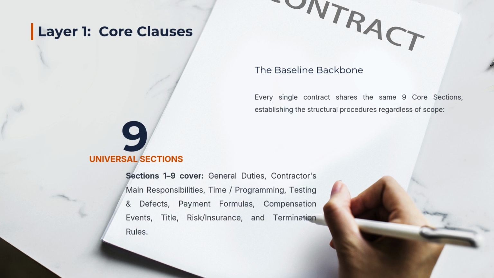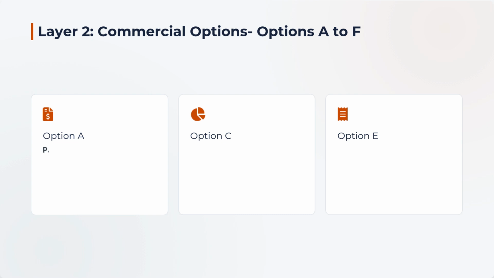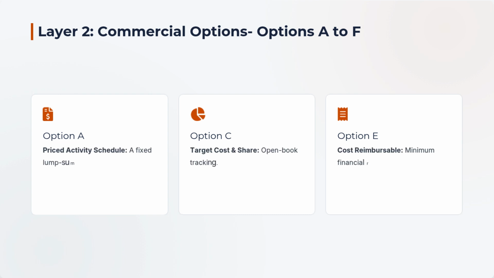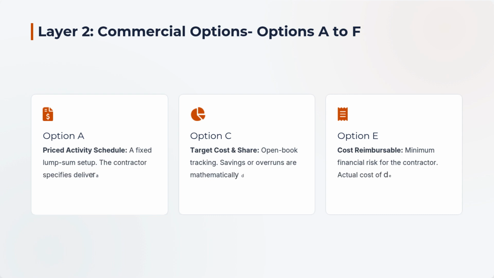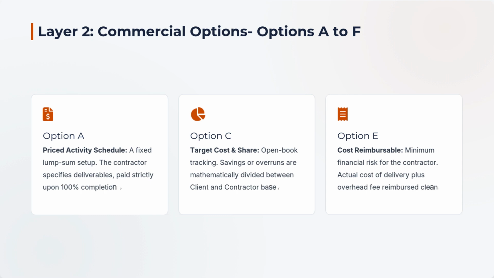But the core clauses alone don't give you a complete contract. You have to choose your commercial strategy, and you do that by selecting one of the main options, labeled Options A through F. The main option you select fundamentally changes how the contractor gets paid and how financial risk is shared.